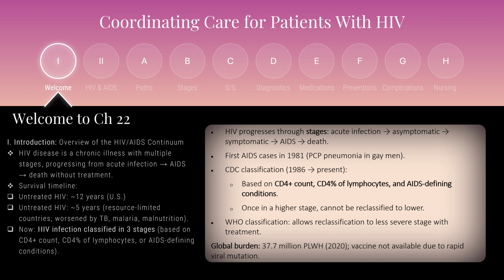HIV is primarily transmitted through sexual contact, IV drug use, and vertical transmission. African Americans represent 45% of new cases in the United States, followed by Latinos.